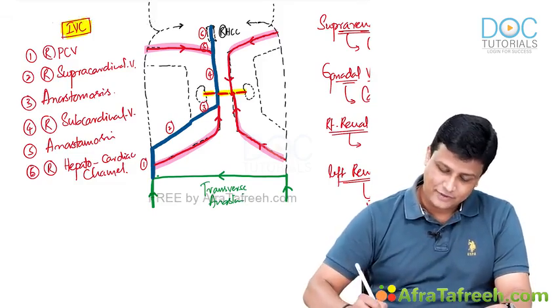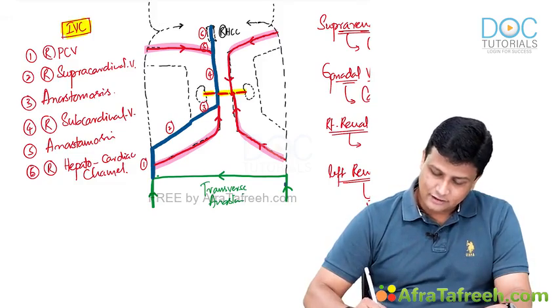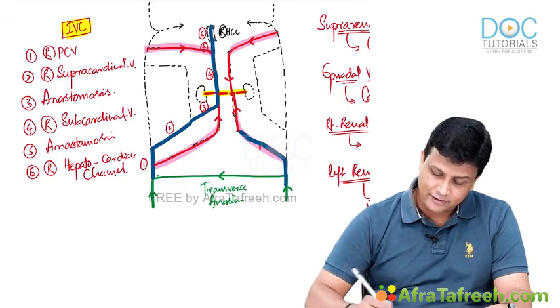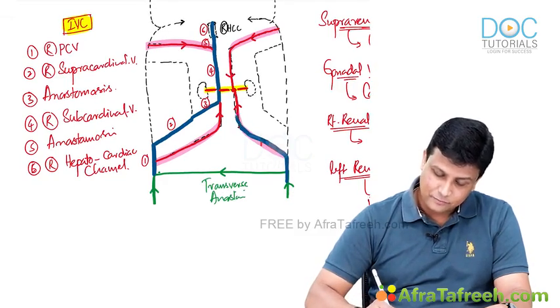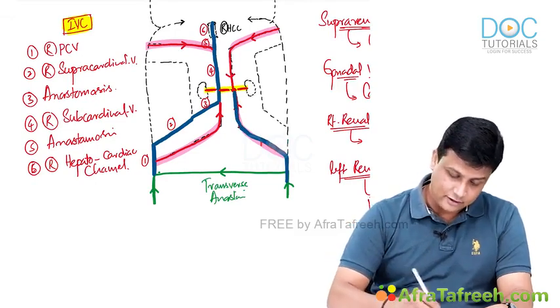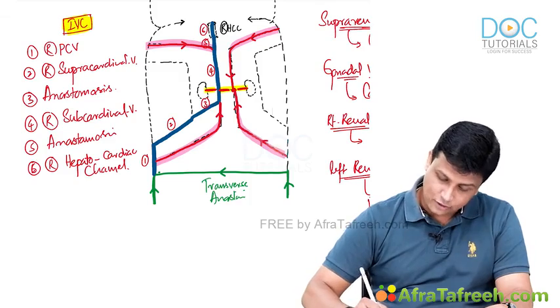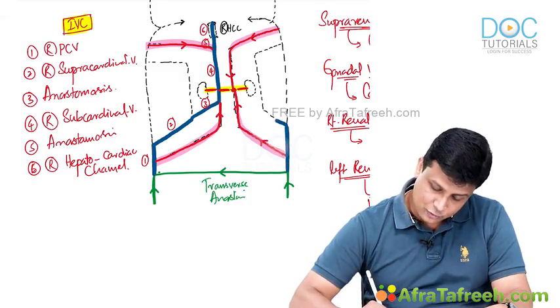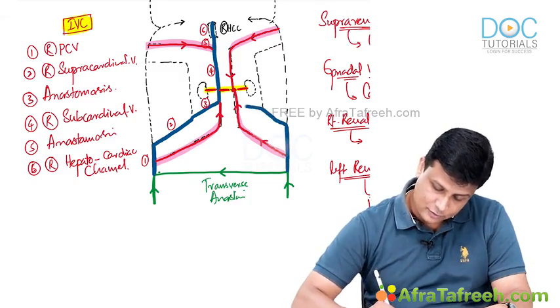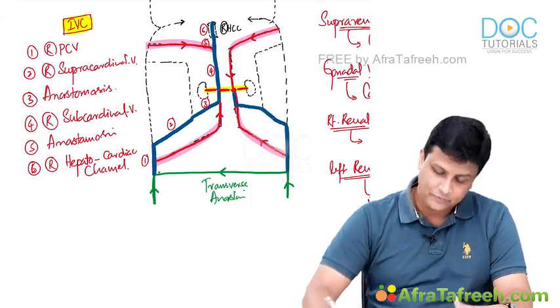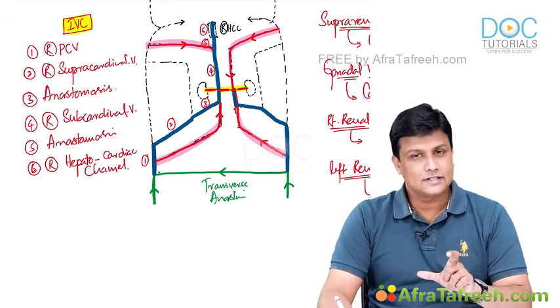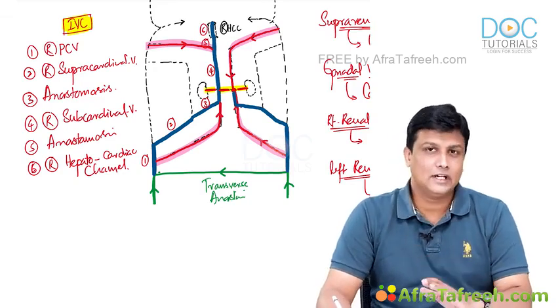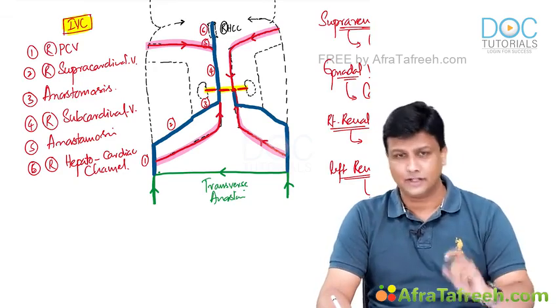Persistence of the left posterior cardinal vein and then the left supracardinal vein, and not only that, even the anastomosis and the subcardinal here. So if those veins persist, it will lead to the formation of double inferior vena cava.